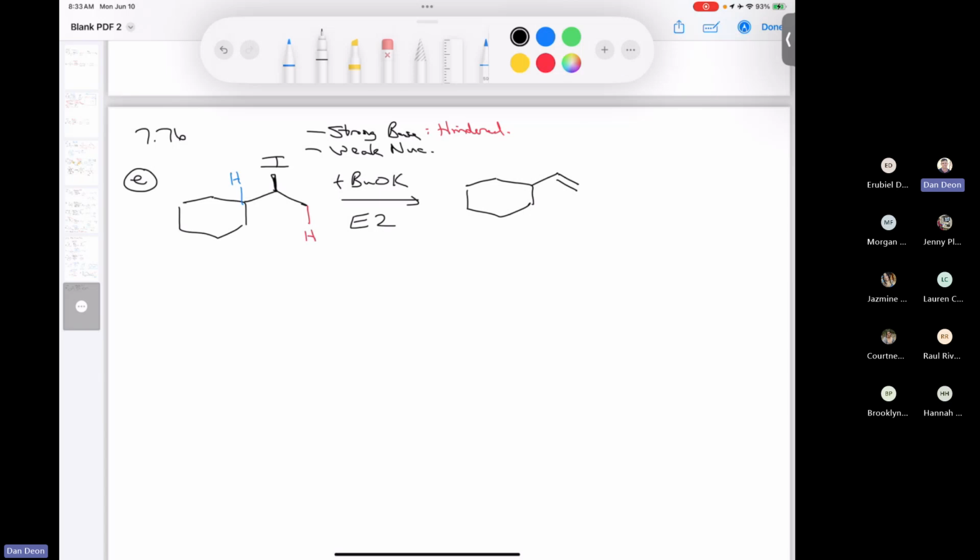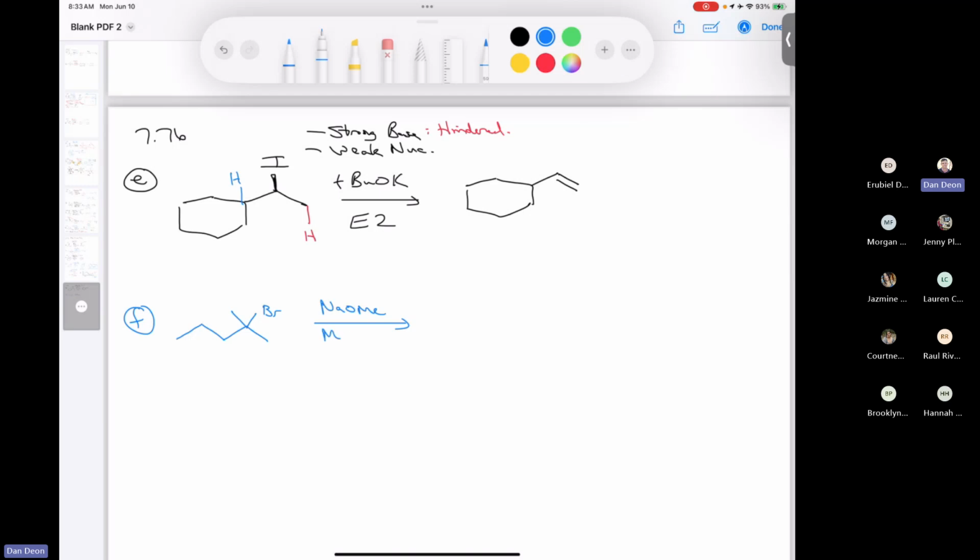Okay, we've got a couple more and then we're done with this one. Let's see here, 7.76F. We're starting with another tertiary alkyl halide. So this will be what? 2-bromo-2-methylpentane. We're treating it with sodium methoxide.